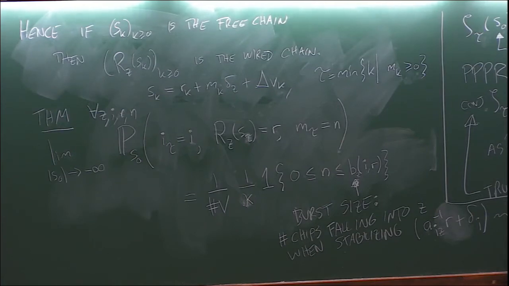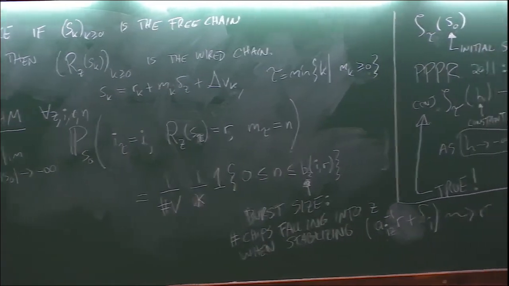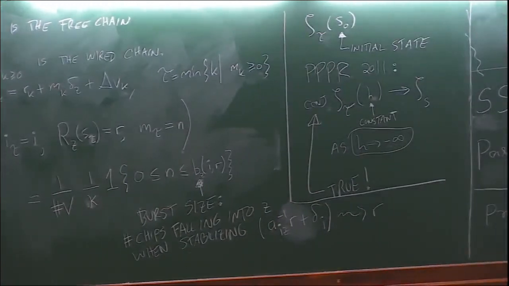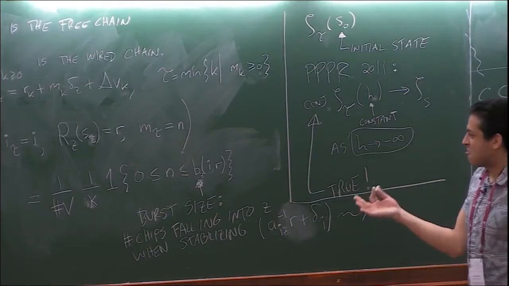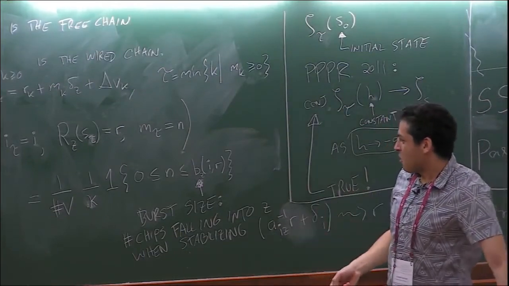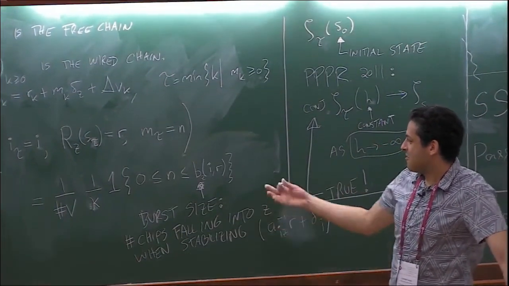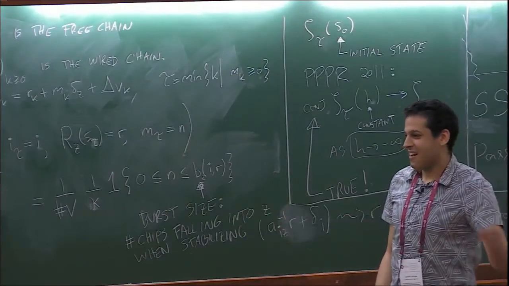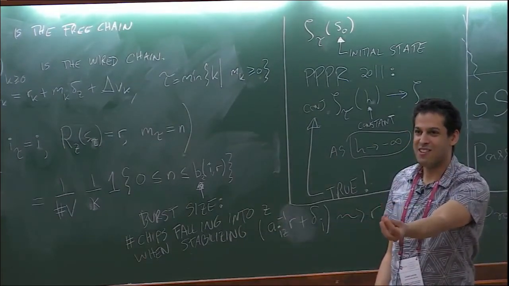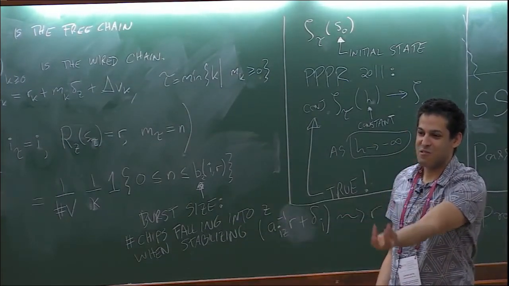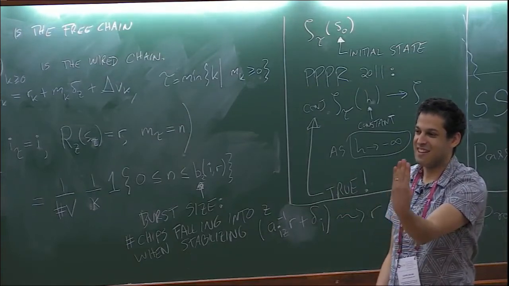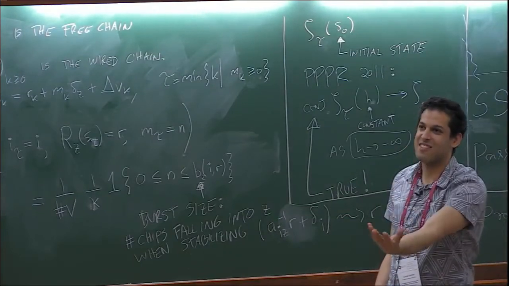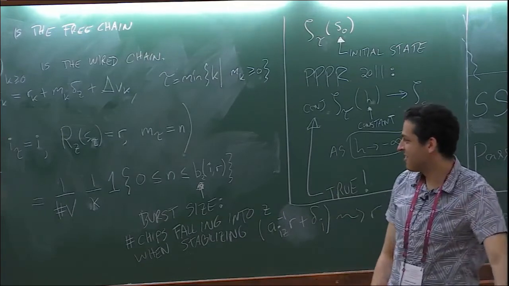And why would you expect burst size to appear in this limit? Well, let's consider some extreme cases. So one case is that burst size is often 0. Sometimes I drop a grain of sand on my pile, and maybe it falls right onto a site that's less than degree minus 1. So dropping sand there doesn't even cause any topplings.